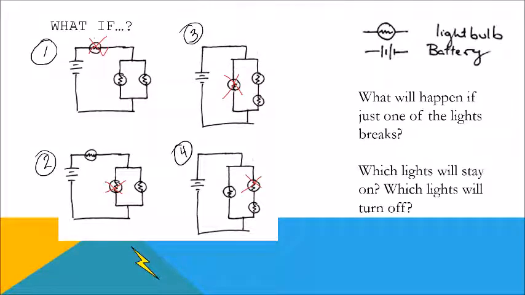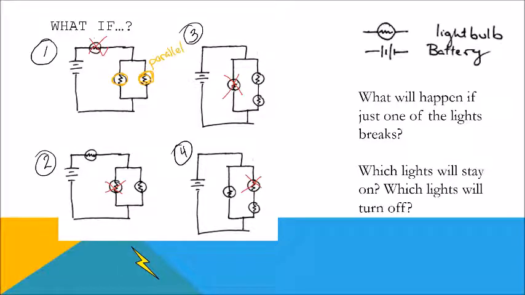In the first circuit, how are these 2 light bulbs connected? Are those 2 light bulbs connected in series, which means we have to go through both? Or are they connected in parallel, which means we have a choice? In circuit number 1, these 2 light bulbs are connected in parallel.